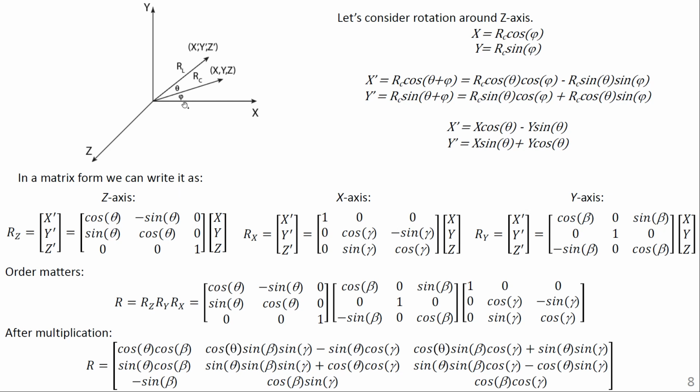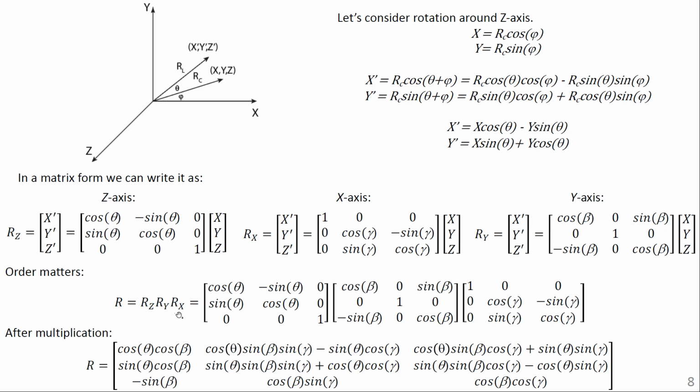If we have rotation around different axes, for example around the z, x, y axes, then the order matters. Firstly we need to put the rotation matrix of the z-axis, next y and x. If we change this order, then we won't get the same result.